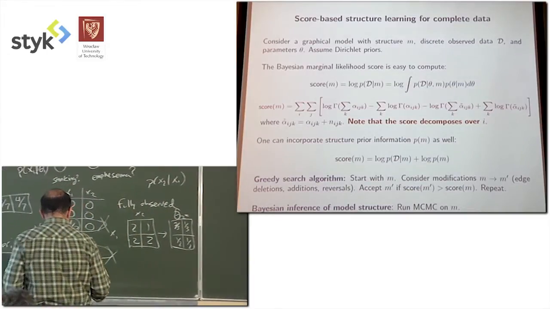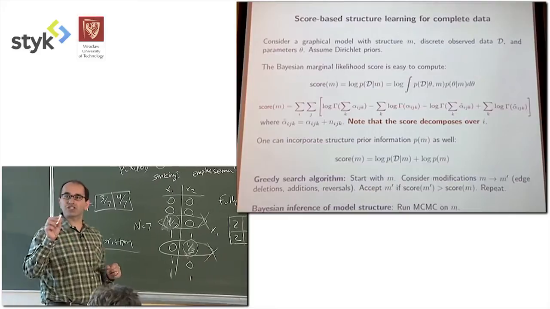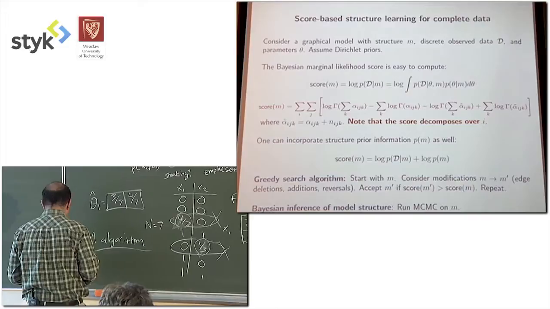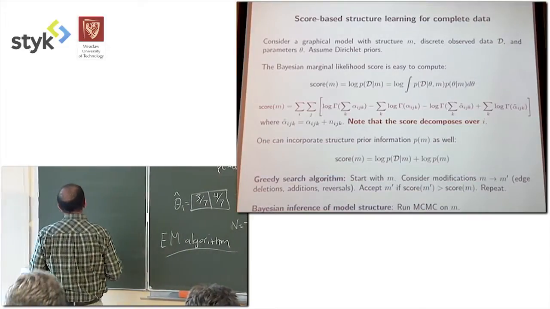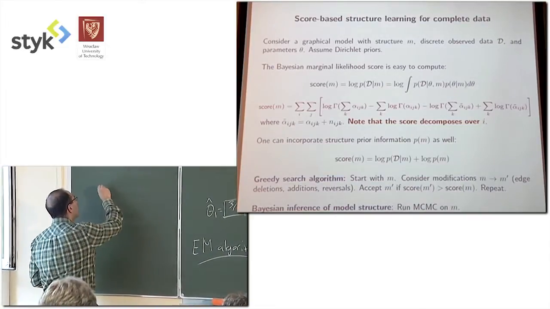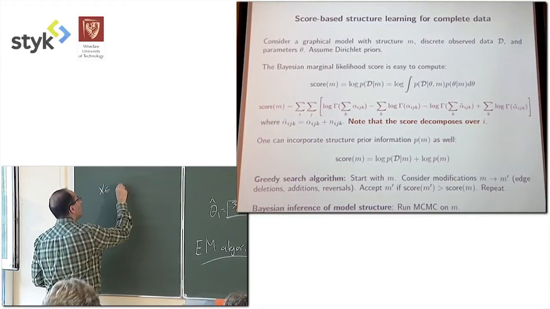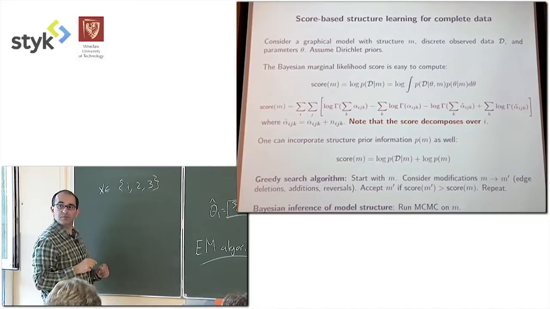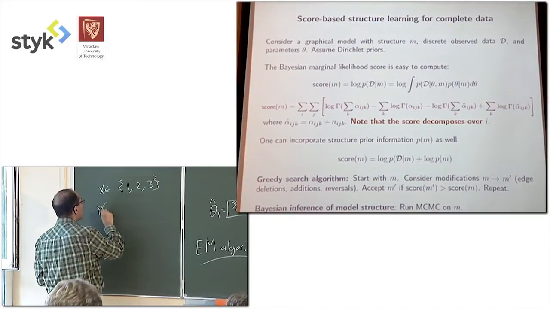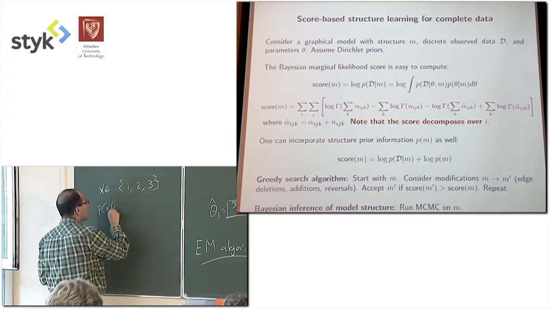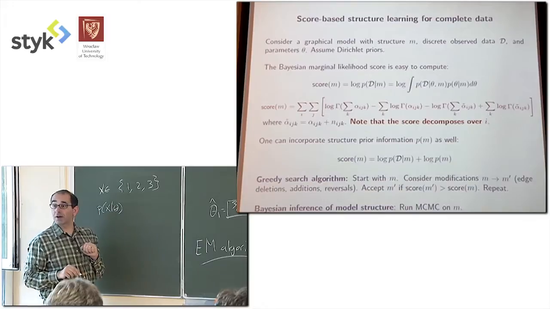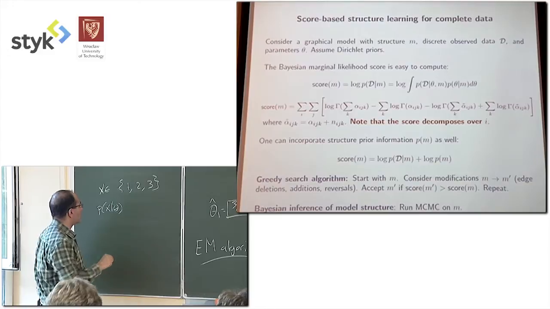But here is the basic idea. Let me just explain the Dirichlet distribution very, very basically. Consider a situation where you have a variable x that can take on three values, 1, 2, and 3. So the probability of x given some parameters is a distribution over three values.